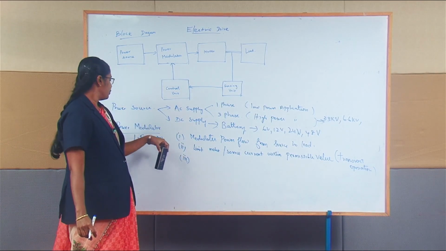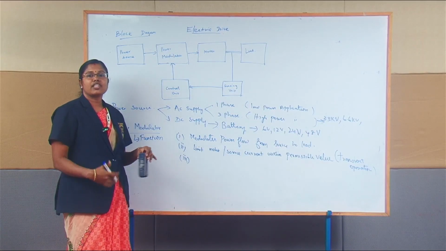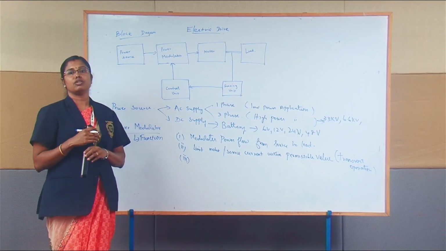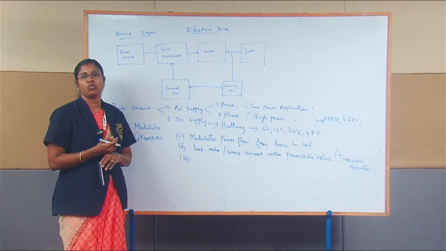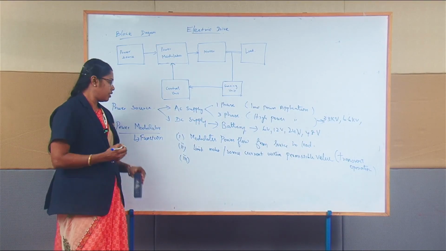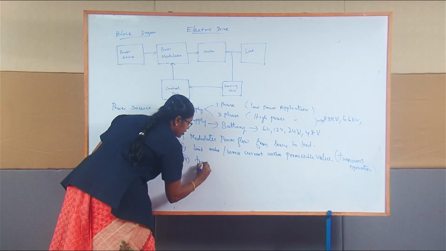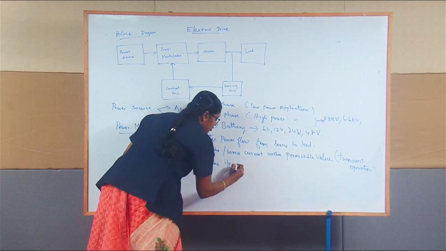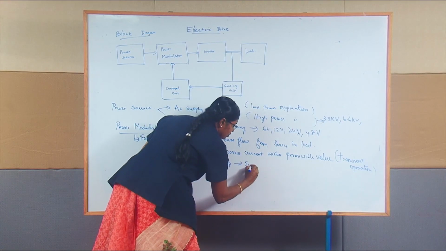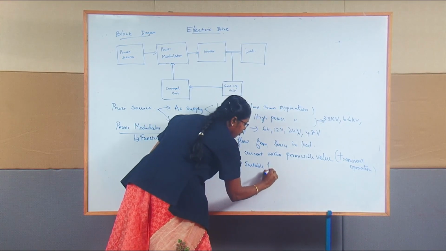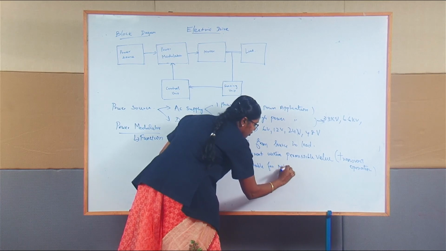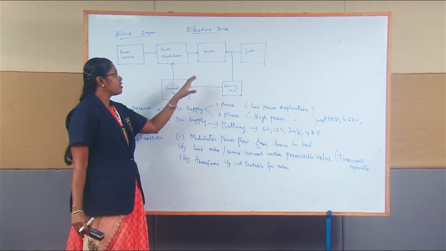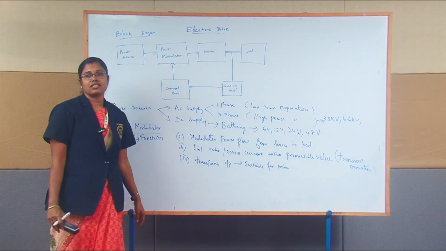And thirdly, it transforms the input energy into the form of energy which is required by the motor. It transforms the input as suitable for the motor. For example, I'll tell you one scenario where in my drive system, I am going to choose an AC motor.